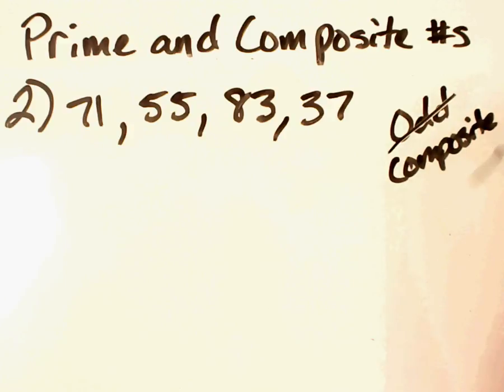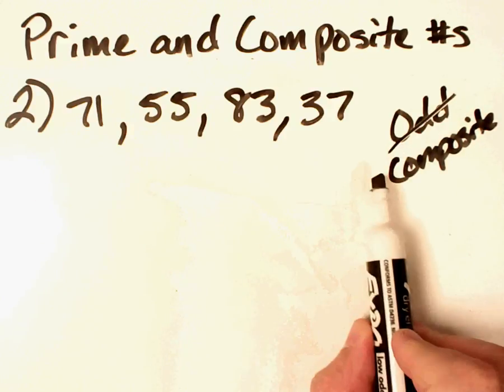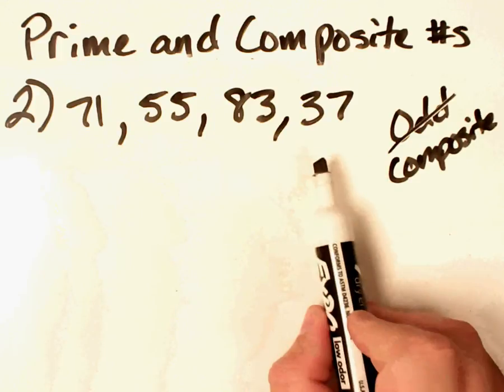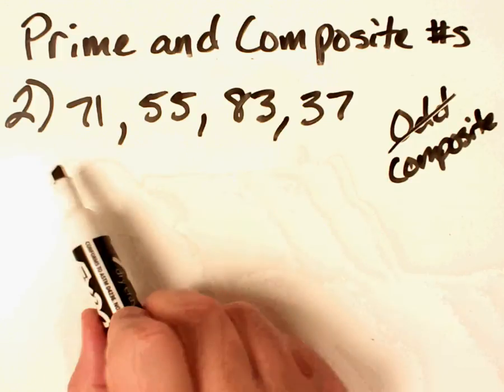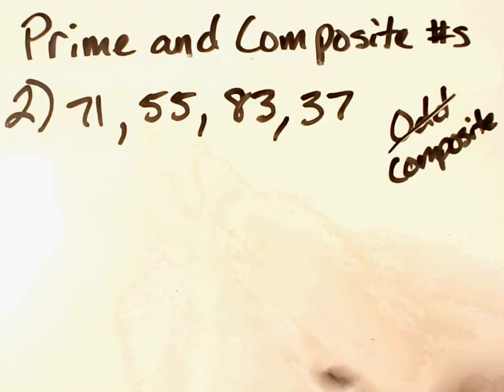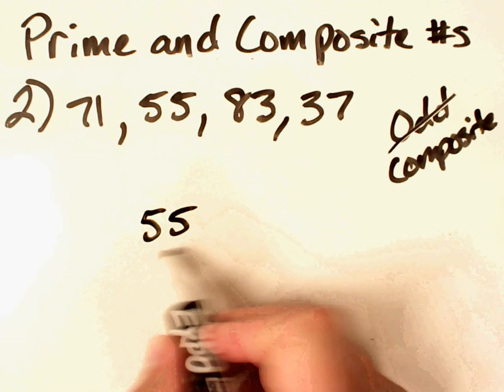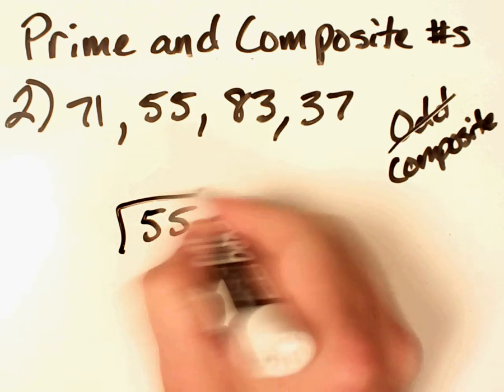Well, let's go through our quick check. So are any of them even? Well, no, we just said they're all odd, so I can skip that first step. So my next step is, do any of them end in 5? Ooh, what about 55? Well, we just said that if it ends in 5, then it should be a multiple of 5.